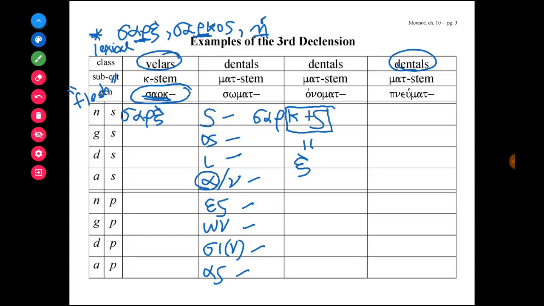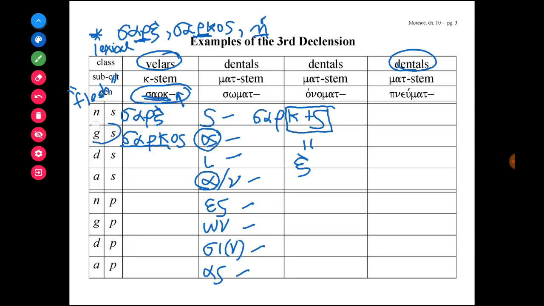So the genitive: what happens when I add os to it? Then you have the stem, which is sarc with the kappa. I add os to it, and it's sarcos. Notice that you don't see clearly what the stem is in the nominative singular, because the kappa plus the sigma changes into kasi. So the stem is hidden in sarx.